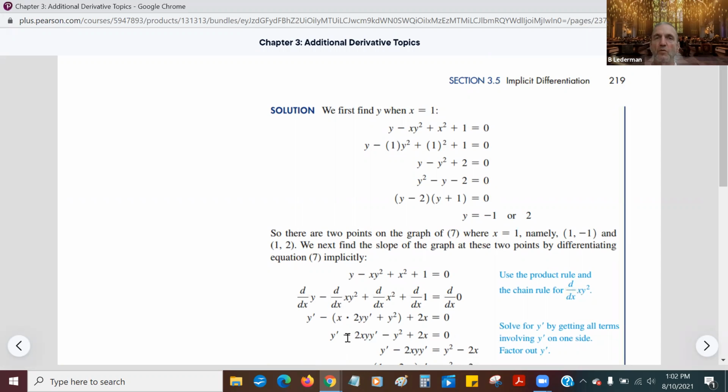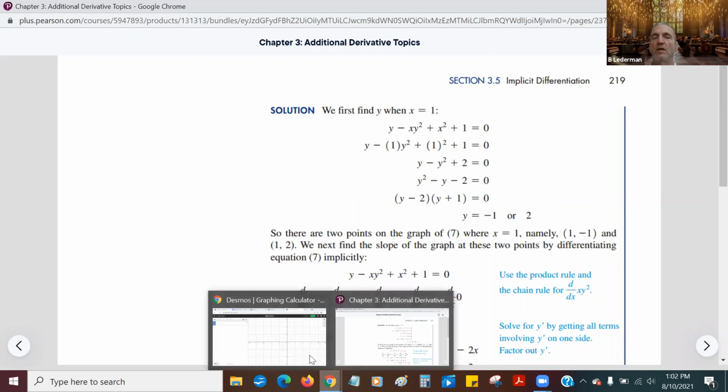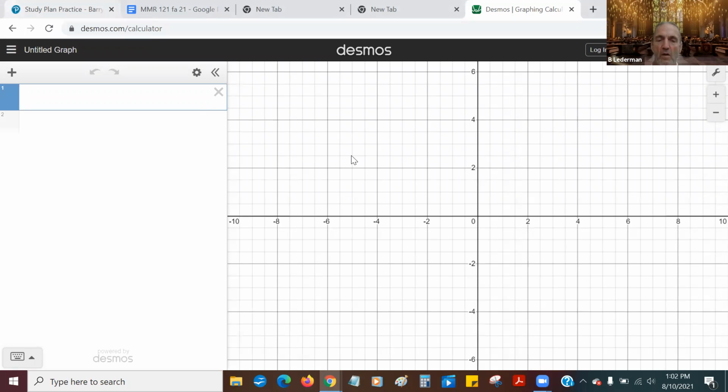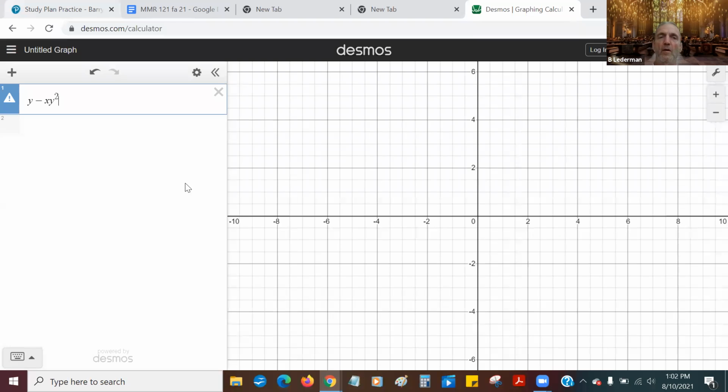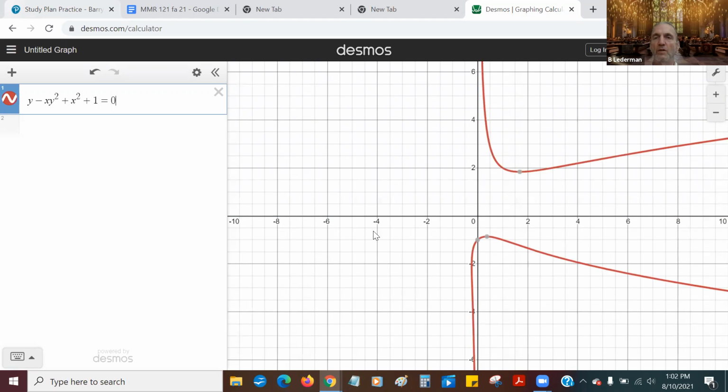So y minus xy squared, plus x squared, plus 1 equals 0. And look at how cool that is.